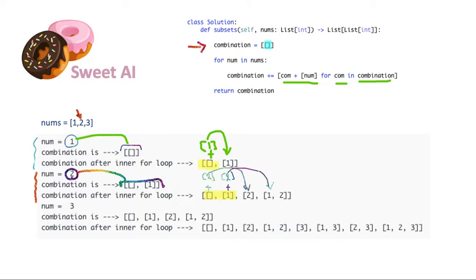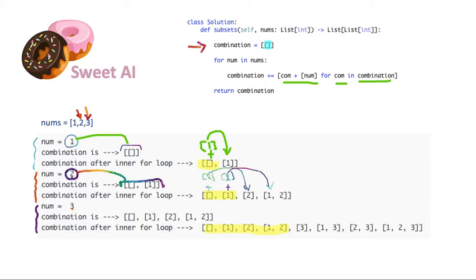So let's go through the third element that we have here, right? We are going to use the previous combinations that we have made. These are all the previous ones that we have made to generate new subsets.